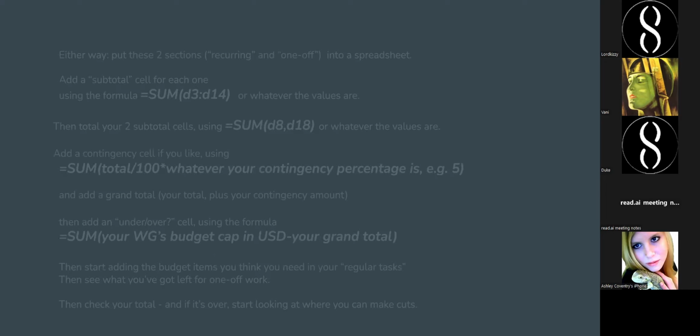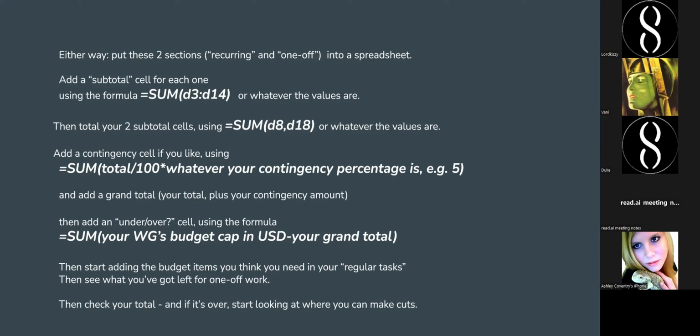Right, so either way, what I've given you here is a little bit on the spreadsheet formulae that you need to set it up. I'm not going to go through it. What I'm going to do is show you a sample spreadsheet in a minute, but it just means that if you've got a link to this presentation, you've also got a link to exactly how to set it all up. And most of you probably already know totally fine how to use a spreadsheet, but if anyone doesn't, it just means they've got it there.